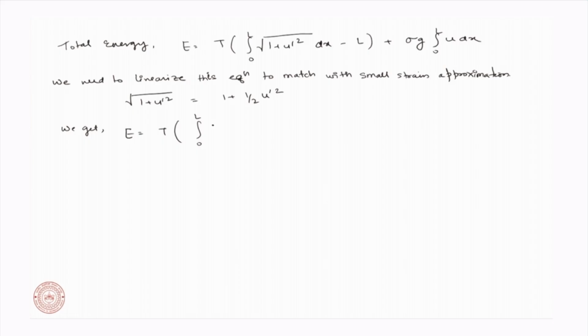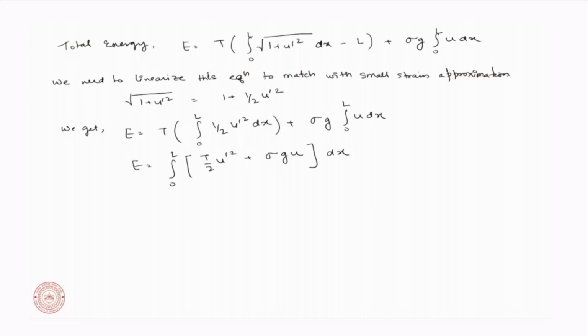So, 0 to L of 1 by 2 u prime square dx plus this sigma g u dx. Now, we can bring everything under one integral, that is T by 2 of u prime square plus sigma g u, dx. Okay. So, this is our net energy.